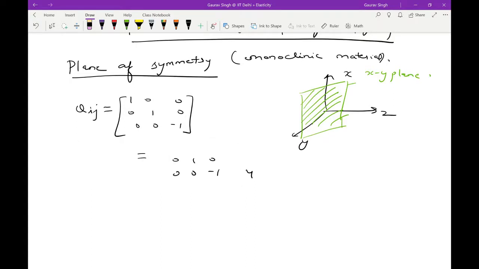One of the things about this transformation is that it's not actually a right-handed coordinates transformation. So it is not a proper orthogonal transformation, in the sense that it does not preserve this rule. In this diagram, if you use your right hand thumb rule, x cross y will point in the z direction, which is correct.